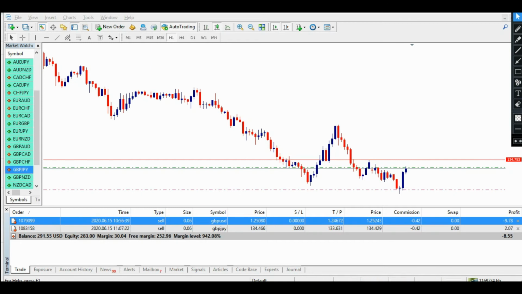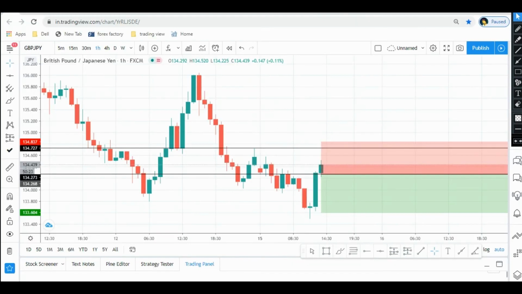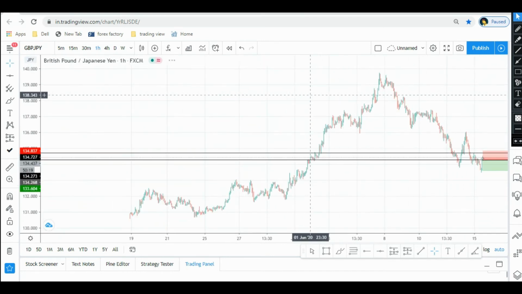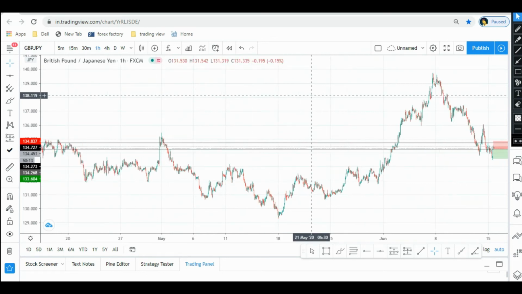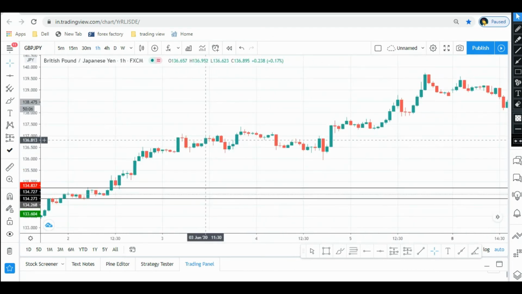So I placed a sell order on GBP USD and one on GBP JPY in front of you within a couple of minutes. Let me explain why I placed a sell order on GBP.